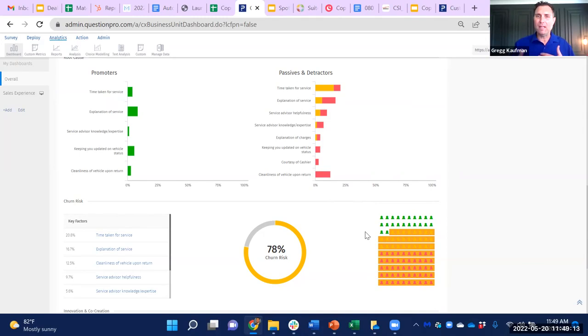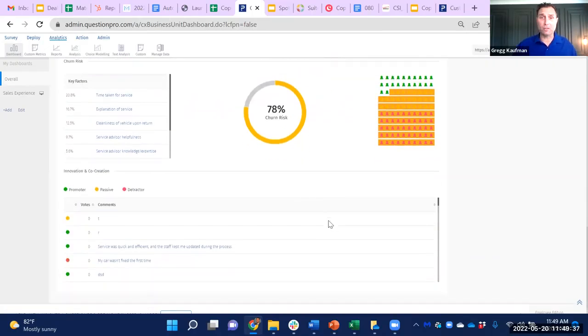They're more passive, but based on the data pattern and how they've answered in a similar fashion to how many of the detractors had in fact answered, therefore, these are the folks you really want to make sure that you're engaging with and staying on top of and keeping satisfied. Otherwise, they run a real risk of falling into the detractor bucket, essentially.